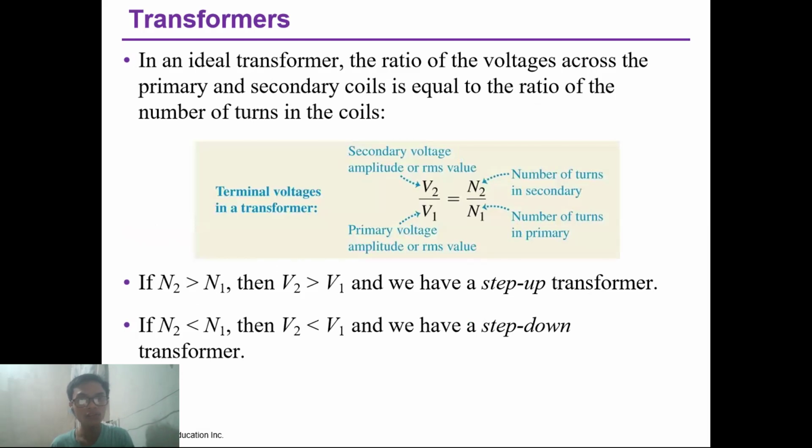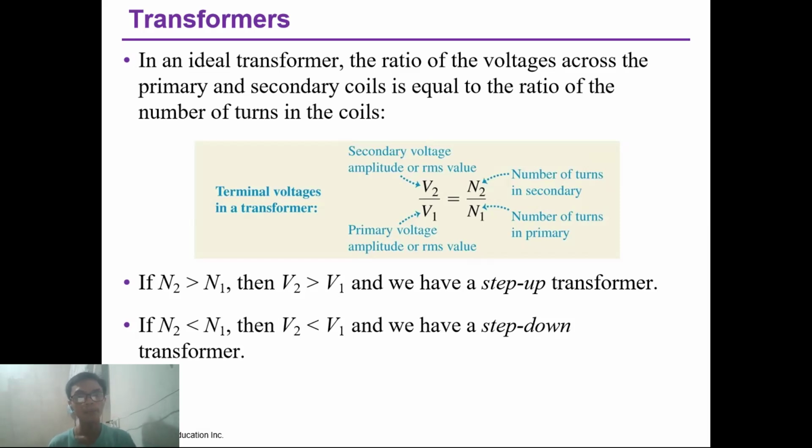In an ideal transformer, the ratio of the voltages across the primary and secondary coils is equal to the ratio of the number of turns in the coils. So we have the following formula: V sub 2, the secondary voltage amplitude, over the primary voltage, V sub 1, is equal to the number of turns in the secondary over the number of turns in the primary, or N sub 2 over N sub 1.